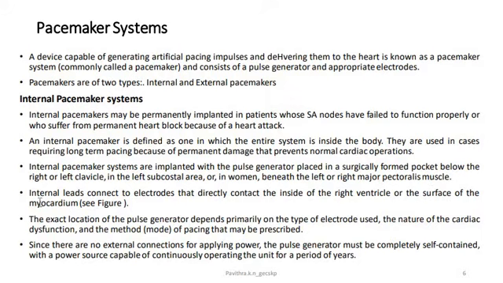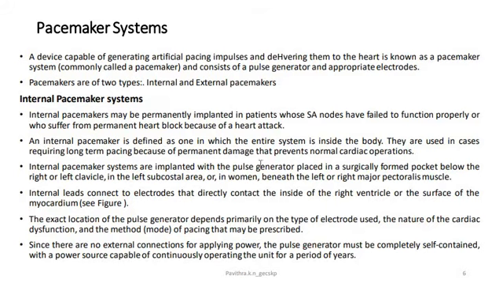Now the internal leads connect to the electrodes that directly contact the inside of the right ventricle or the surface of the myocardium, and the pulse generator is the part which generates the pulse. The exact location of this pulse generator depends upon the electrode used for this pacemaker and the nature of the cardiac dysfunction. That is, what is the nature of the issue that a patient is facing. Depending upon that, the location of the pulse generator may vary, and also on the method of pacing that may be prescribed.